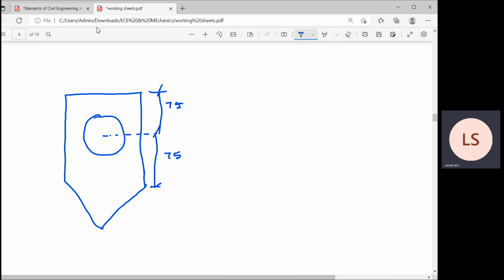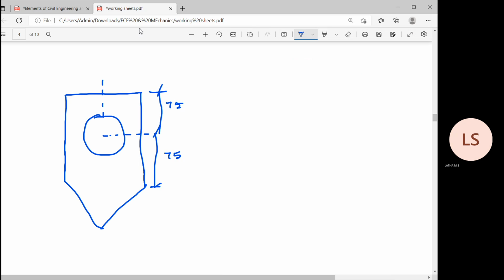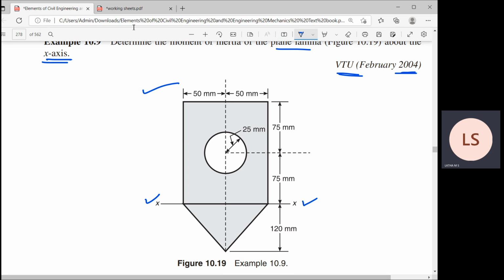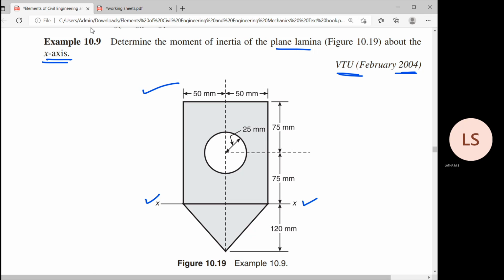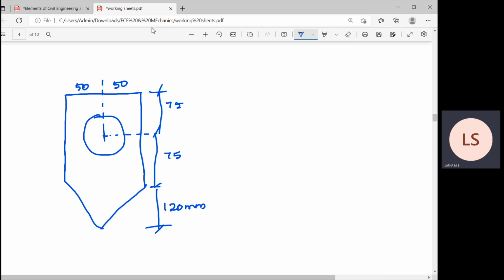And the width of the rectangle is 50 mm here and 50 mm here. Then the height of the triangle is 120 mm, and the radius of the circle is 25 mm.